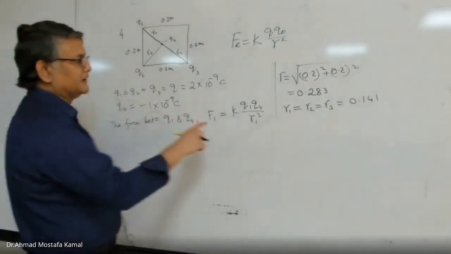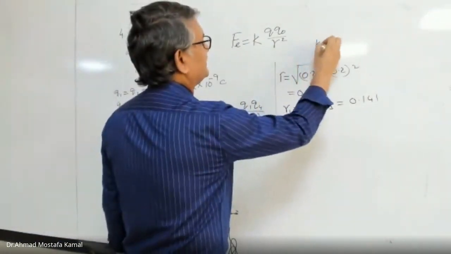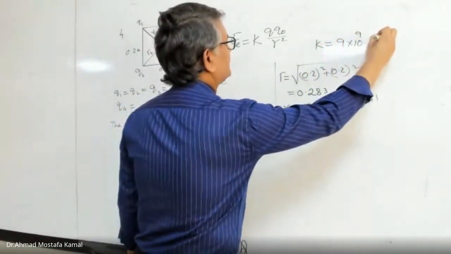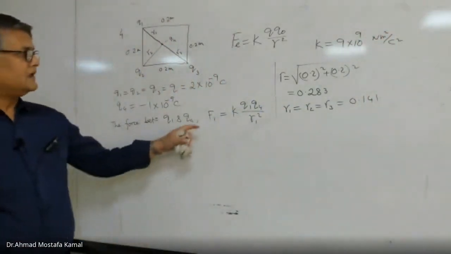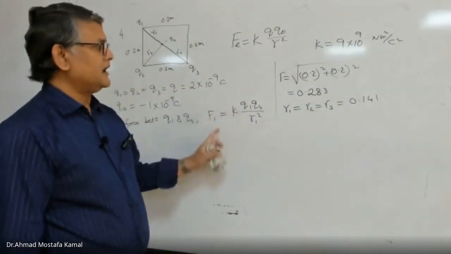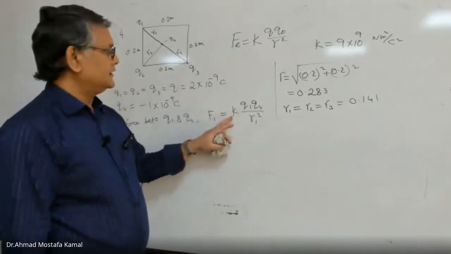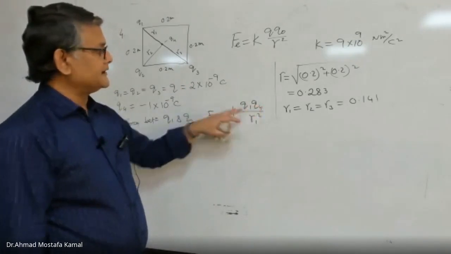So you see, you have K. K is a constant which is 9 into 10 to the power 9, and the unit is Newton meter square per Coulomb square. Okay, so F1 equal to K Q1 Q4 by R1 square. We have everything. K এর ভ্যালুটা জানা আছে, Q1 এর ভ্যালু জানা আছে, Q4 এর ভ্যালু জানা আছে, R1 এর ভ্যালু জানা আছে.